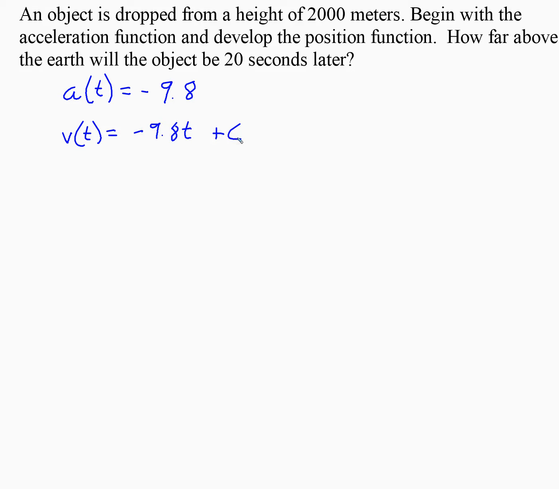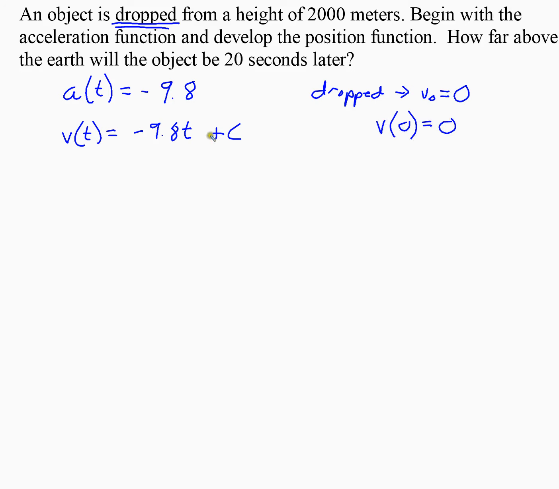Now there's an important word here that we need to recognize: the word dropped. Dropped tells us about the initial velocity. If something is dropped, there's no initial velocity. So dropped means v sub 0 is equal to 0, which tells us when the time is 0, the velocity is 0.